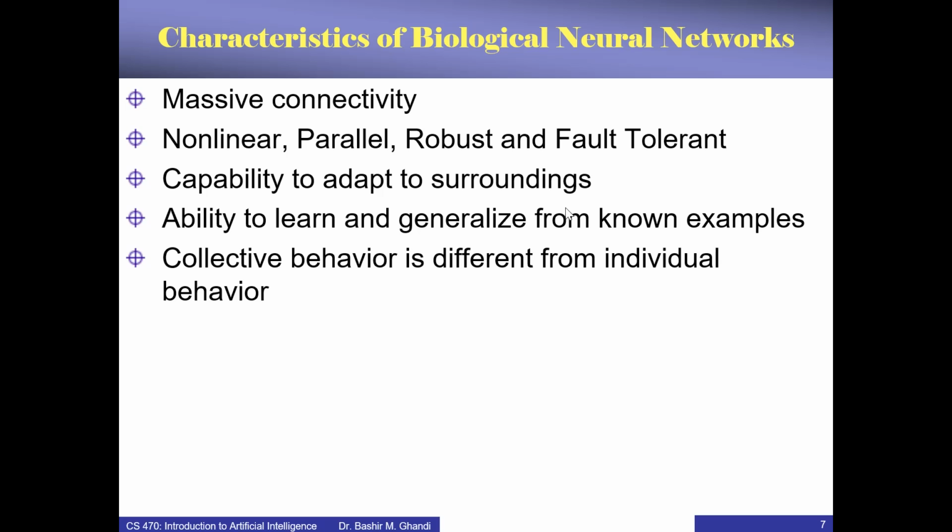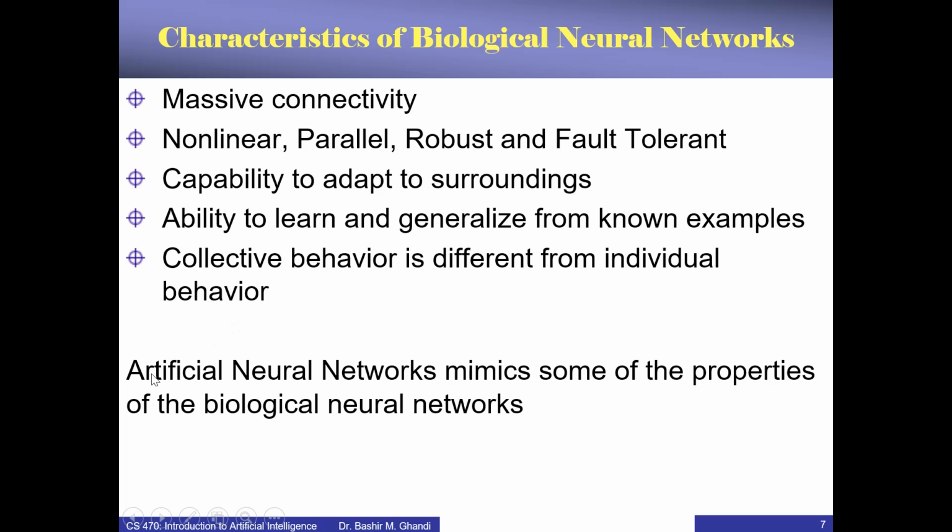So the point is, can we, based on what we have just learned about biological neurons, develop an artificial neural network that has these properties? This is basically the objective, and to a large extent this has been achieved, as we shall see.